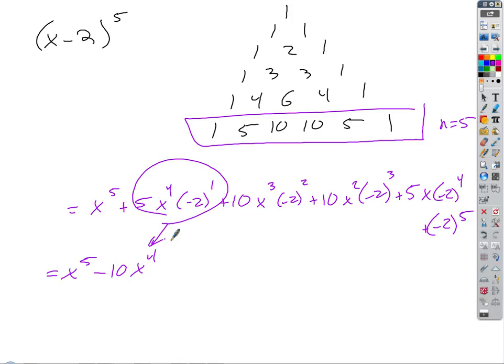That's going to give me a positive 4, so plus 40 x cubed, right? That's going to give me a negative 8, so I'm going to get minus 80 x squared. That's going to give me a positive 16, so I'm going to get, what, 80 again? And then this is going to give me a 32, right? See how easy?